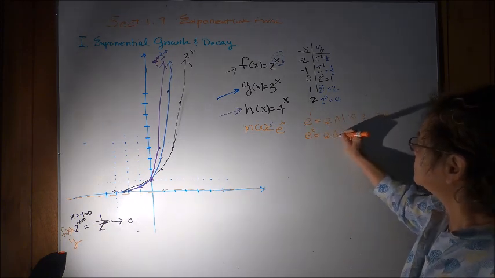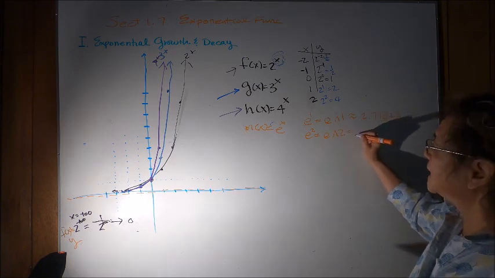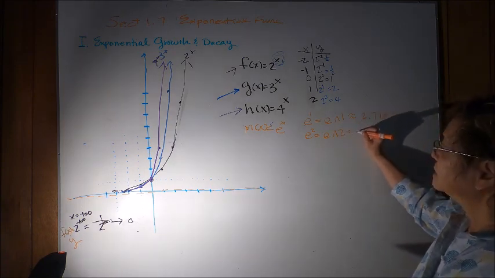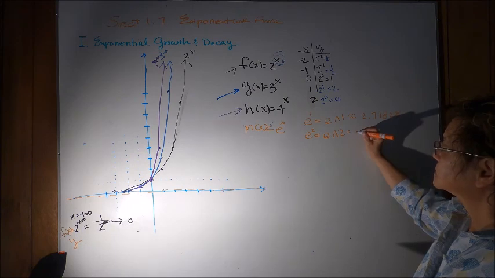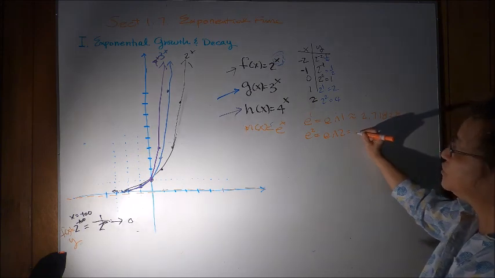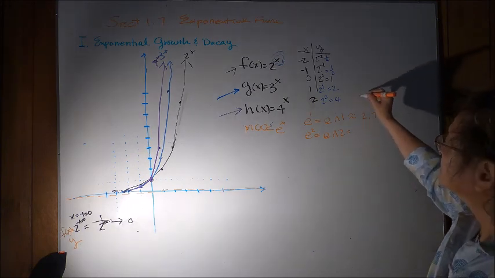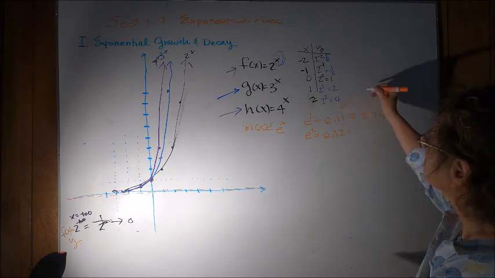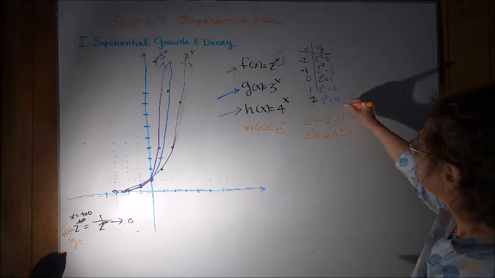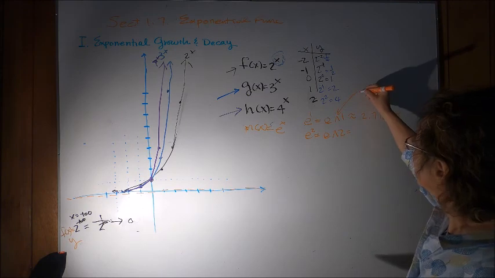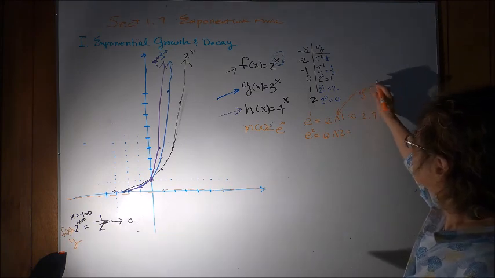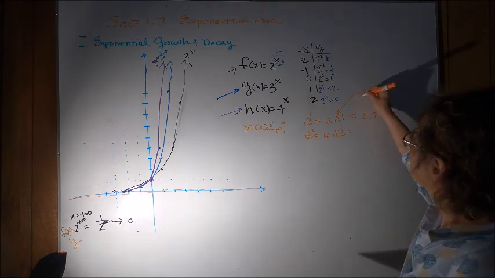So that would be e to the 2nd power. And if you use a basic calculator, you might not have this caret symbol; you might have y to the x or x to the y, something like that.